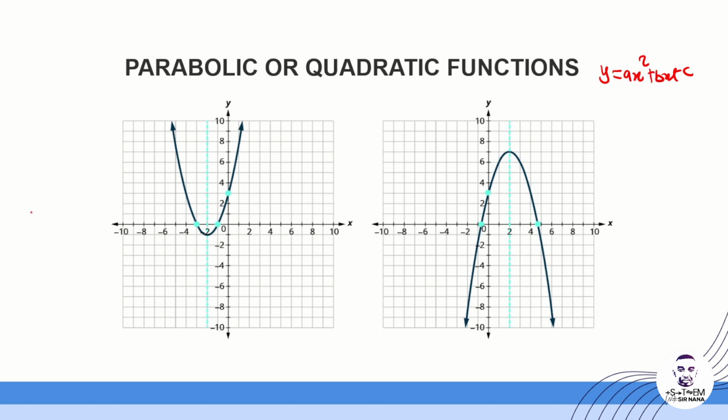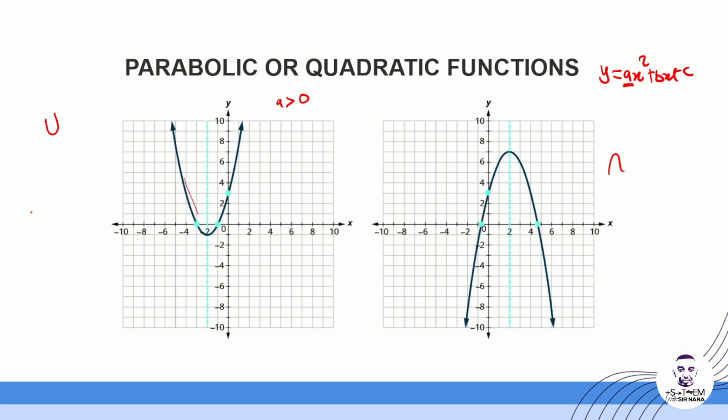The nature of the coefficient of x² determines the type of graph. We have a graph that looks like the union sign, the U, that we see here. In that case, a should be greater than 0. And then we have the graph that looks like the intersection sign.